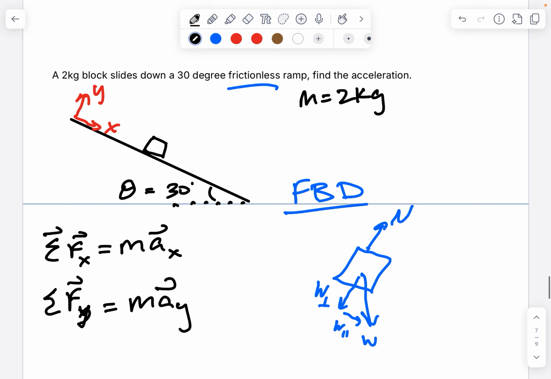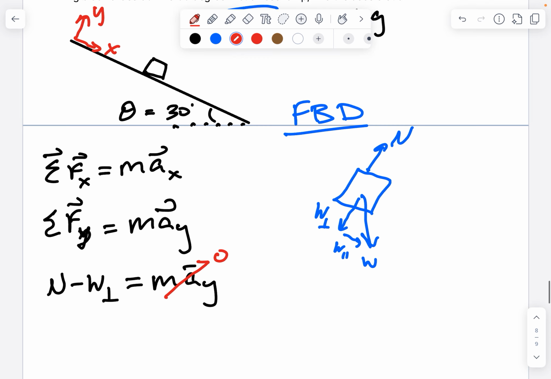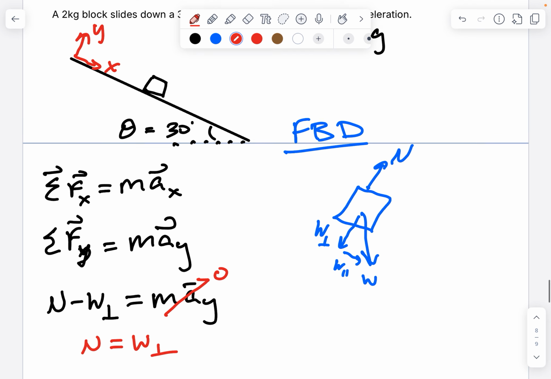The forces in the y direction are normal force minus the perpendicular of weight, equal to mass times acceleration in the y. However, we know there is no acceleration in the y, so a_y is 0 and this whole side is 0. So normal force is equal to weight perpendicular. But there's no acceleration there, so we're going to use this formula only for the x and ignore that.